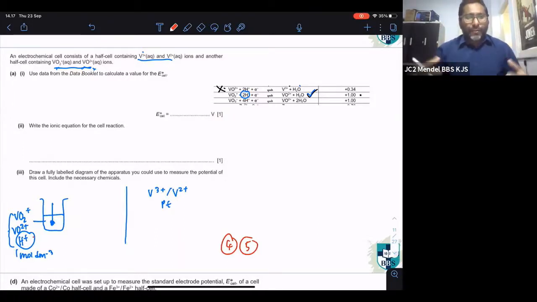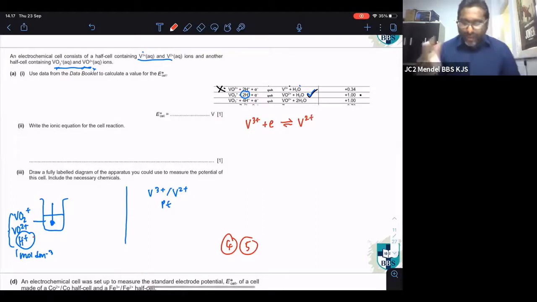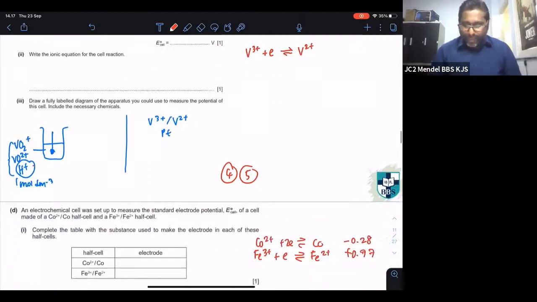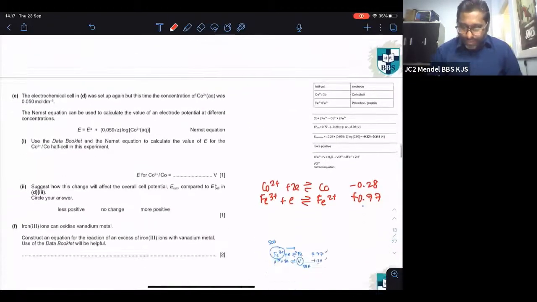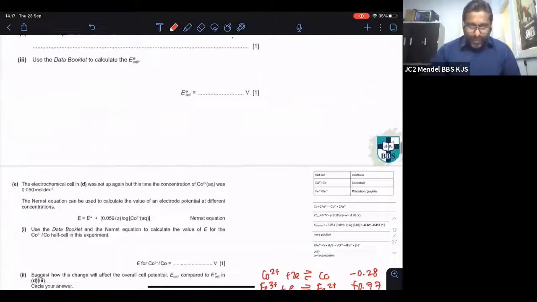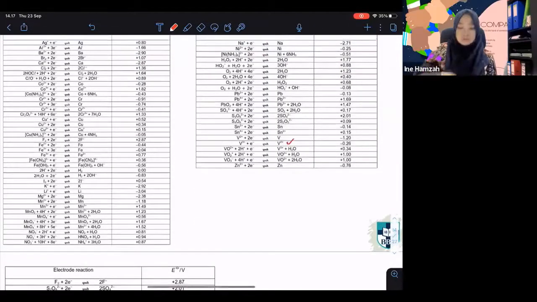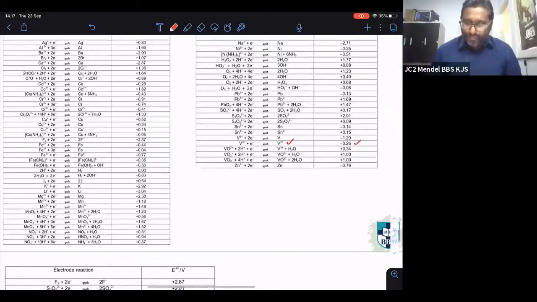Now if I want to calculate the E cell for this, it is quite simple. You just need V3+ plus electron to give you V2+. So you need to find out the E value for that. I will look for you, V3+ plus electron, this one. So negative 0.26.